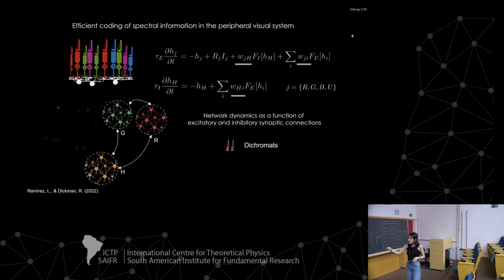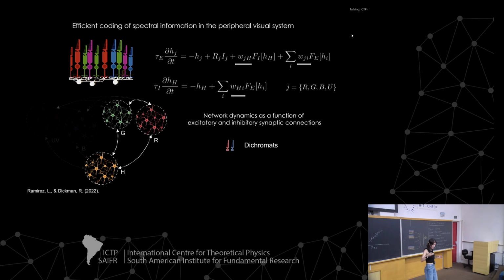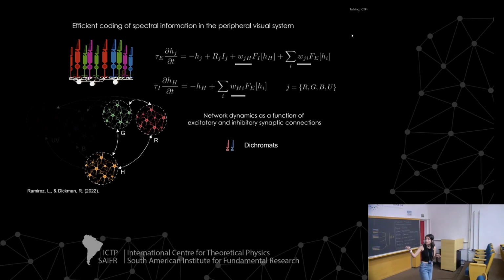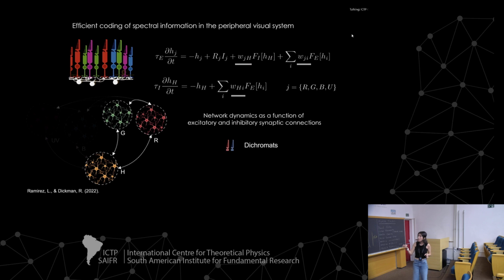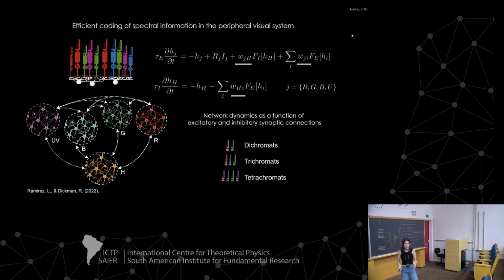And because we have this experimental data showing that horizontal cells are quite important to drive this behavior, we also include a horizontal cell type. This is an inhibitory population. And then we allow this network to interact with some specific weights. We can do this for dichromatic, trichromatic, tetrachromatic systems. So this is a framework that allows us to investigate not only the case of zebrafish, but also what's going on with other types of animals.